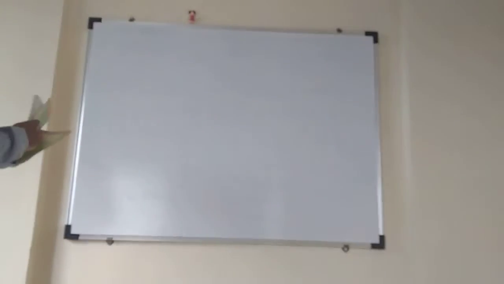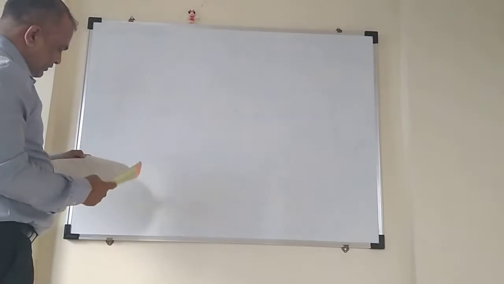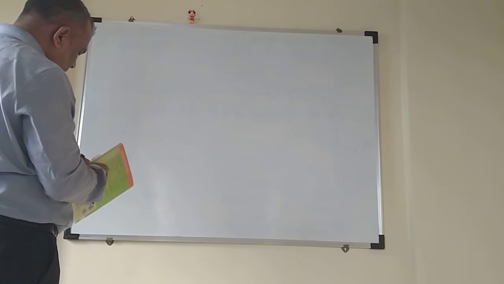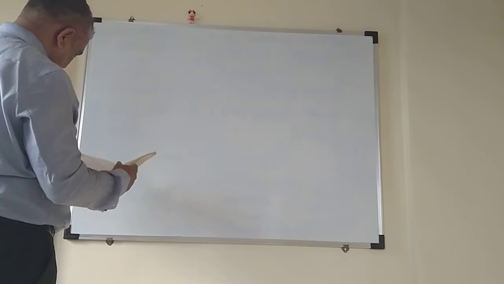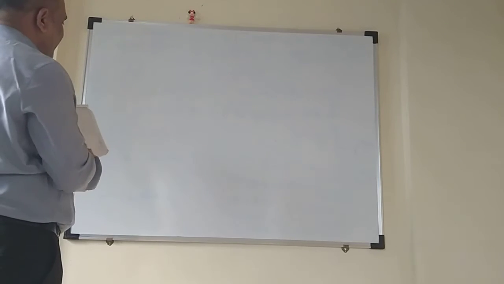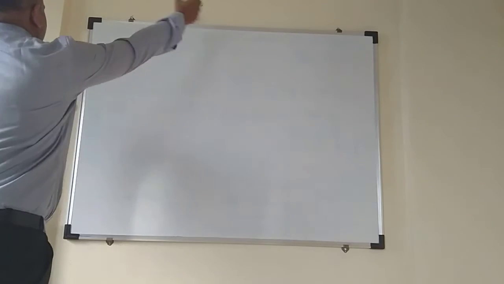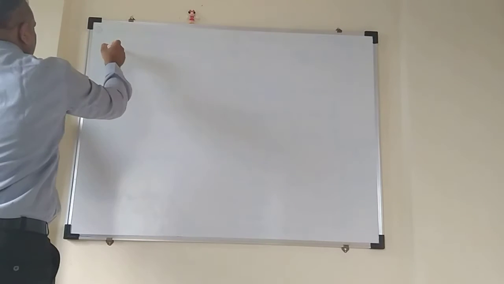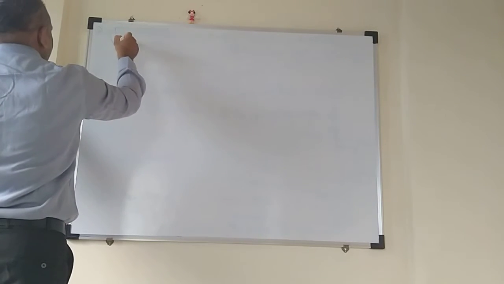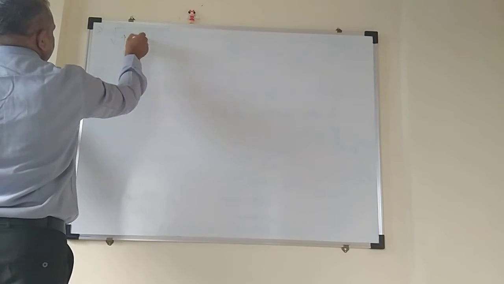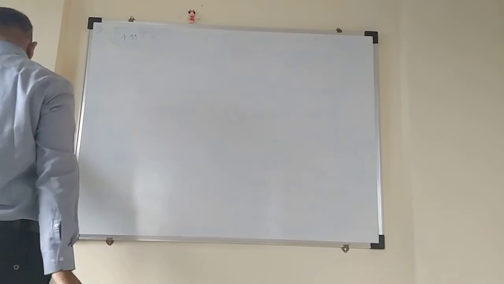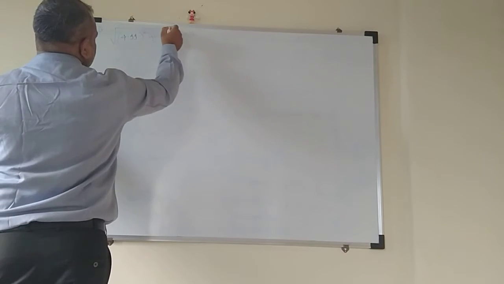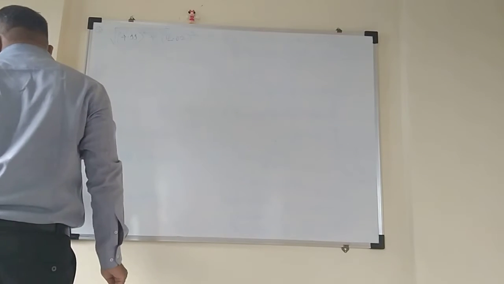Let's go for the second problem. The second problem based on total differentiation is: using the total differentiation, find the approximate value of the square root of (4.99) squared plus (12.02) squared.